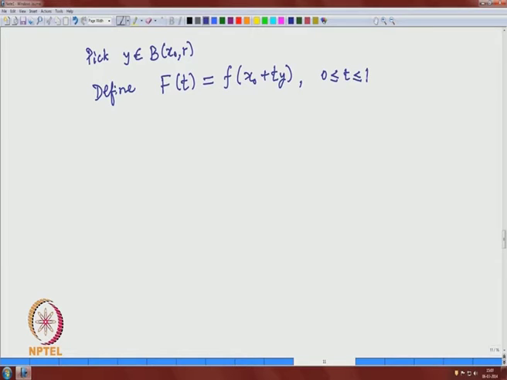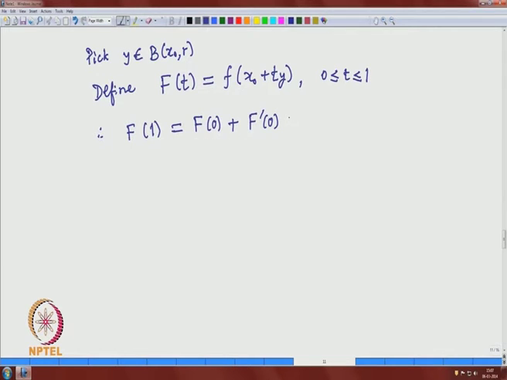Now if you apply the one variable case, with y equal to 1 and x 0 equal to 0, therefore we have F of 1 is equal to F of 0 plus F prime 0 into 1.